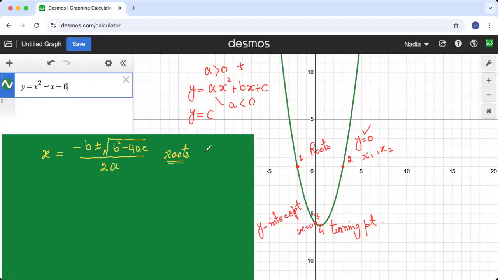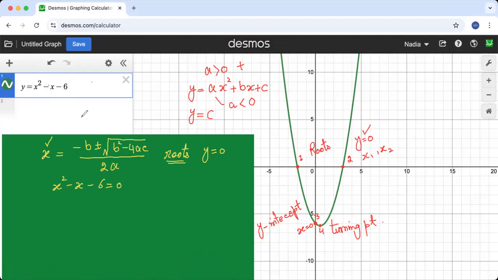And roots means the value of y is equal to 0. Then it means the equation that we have considered here must be x square minus x minus 6 is equal to 0. So this equation will be satisfied if the values of x are according to this formula.